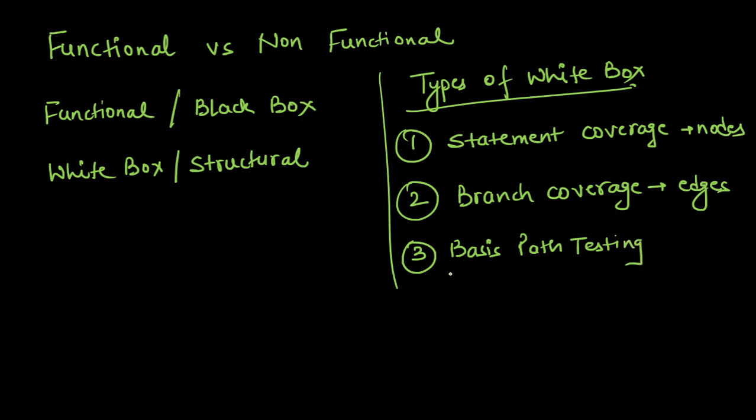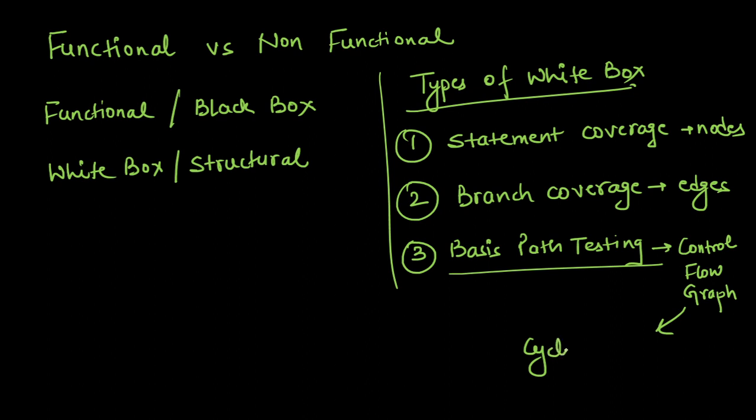In basis path testing we saw the work of cyclomatic, that is your control flow. उसको हम कंट्रोल फ्लो ग्राफ लिखते हैं, सो दैट कंफ्यूजन नहीं होगा. कंट्रोल फ्लो ग्राफ की हेल्प से वी कैन कैलकुलेट cyclomatic complexity.